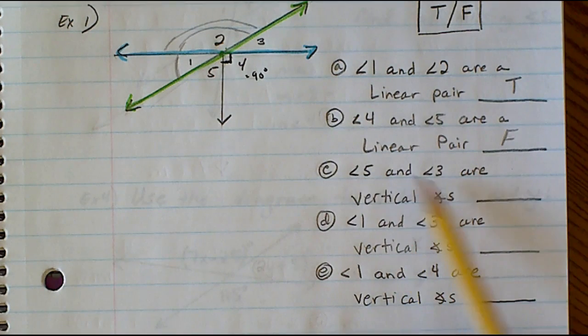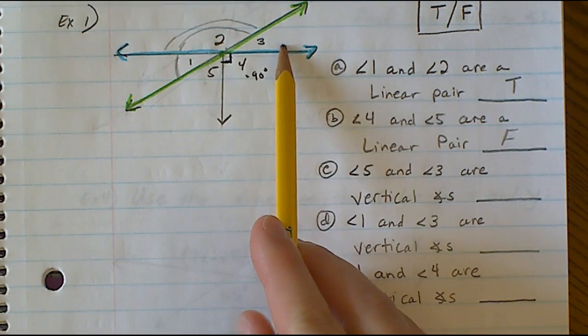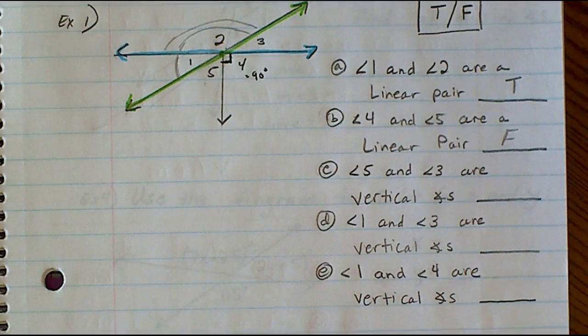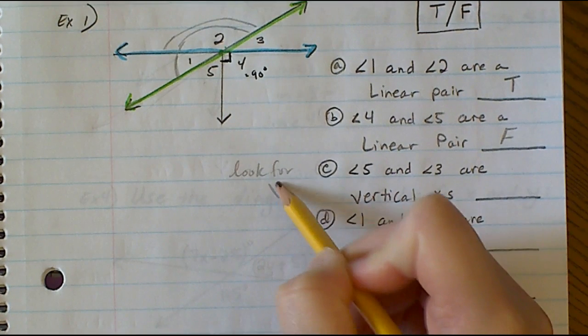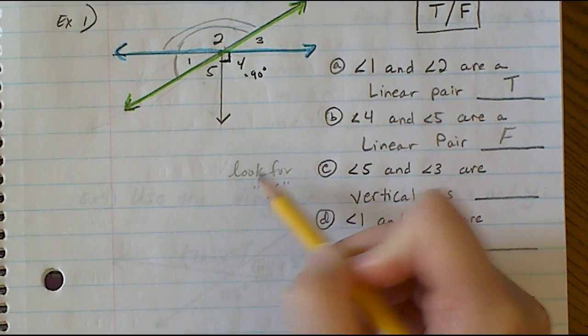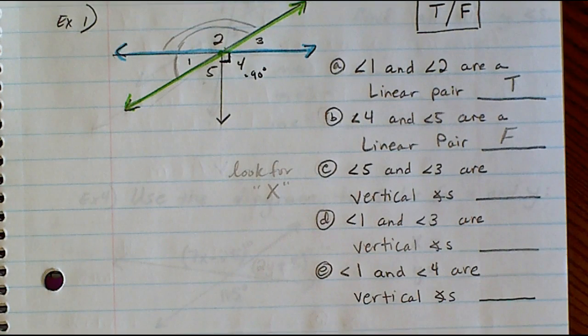C says angle 5 and angle 3 are vertical angles. So 5 is here, 3 is here. The easiest way to do this is to look for the letter X to be created by those two angles. If it creates an X, then they're likely vertical.